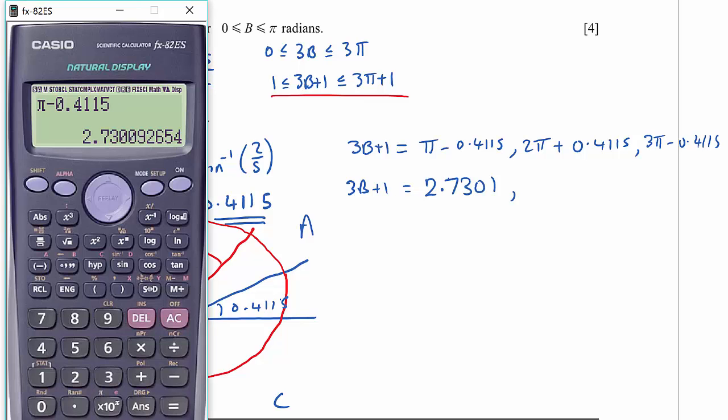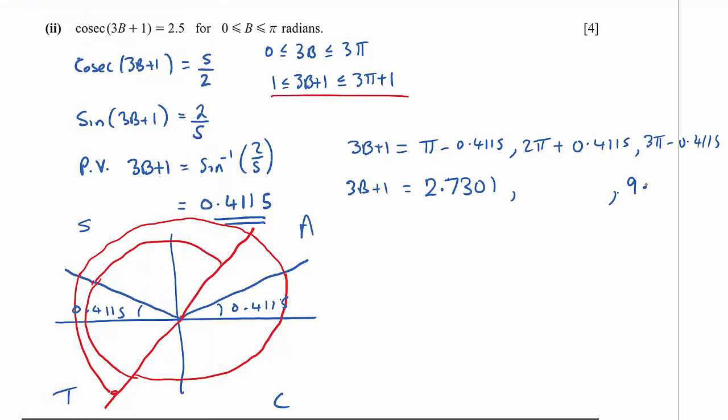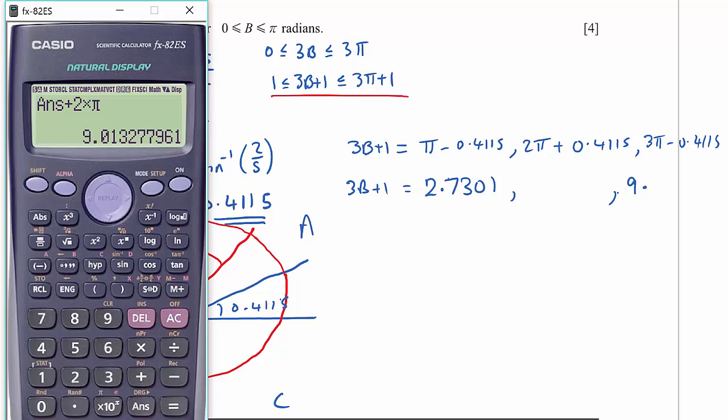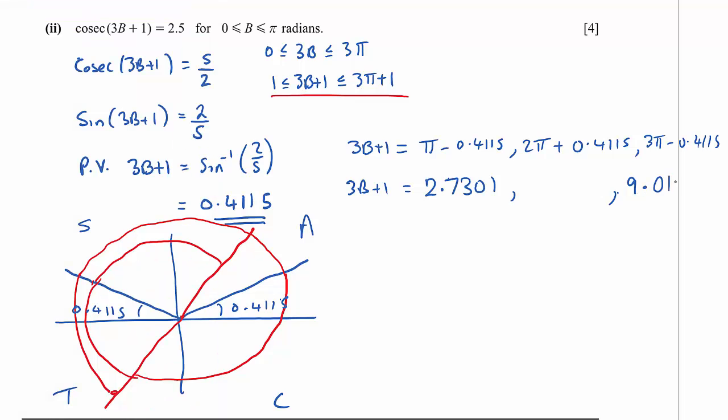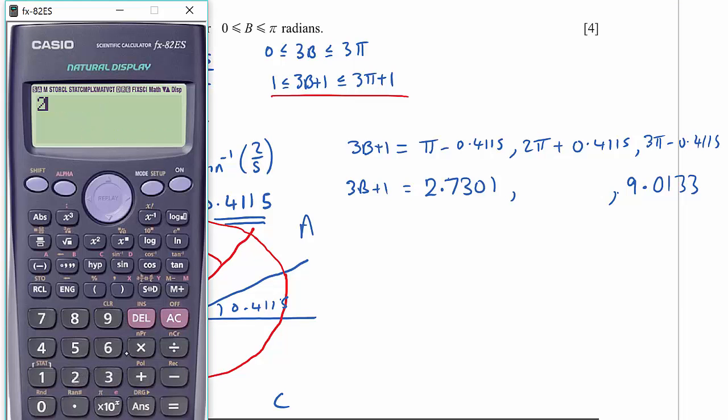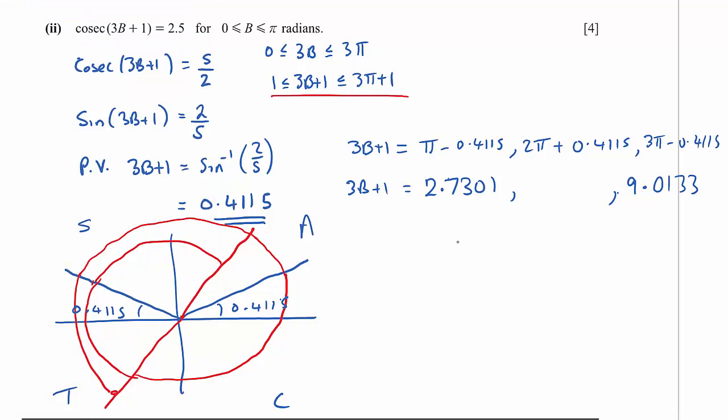And this one's going to be 2 pi more than that, so I'm just going to add 2 times pi. So that last one is going to be 9.0133, and then the middle one is 2 times pi, add 0.4115, 6.6947.